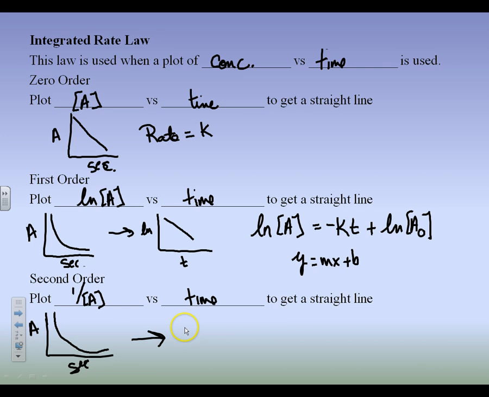So when we take the integral of that, it gives us a line that looks like that. Okay? So then our new equation is 1 over the concentration of A equals k, so we get a positive slope this time, times t, plus 1 over our initial concentration, A to the 0.